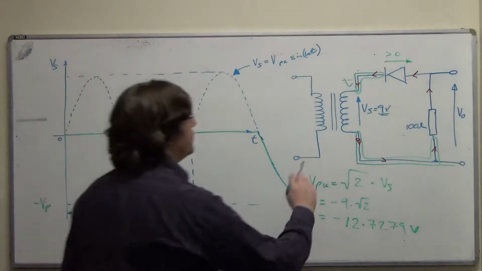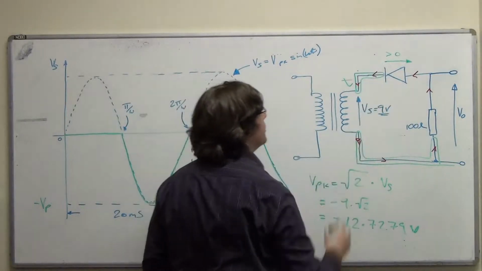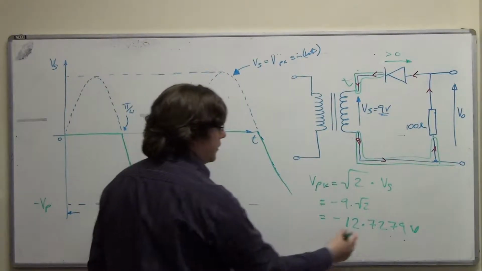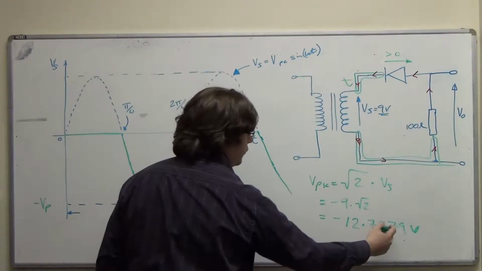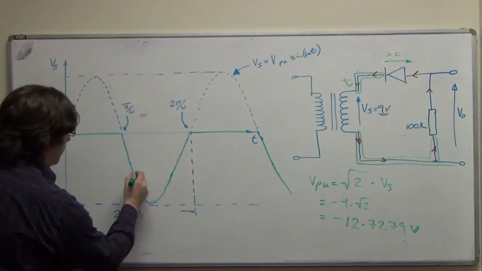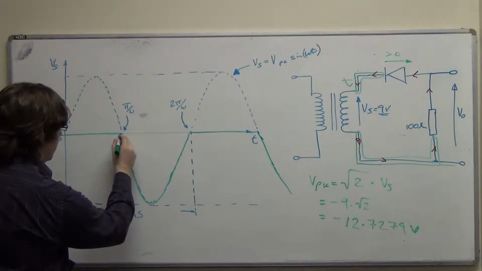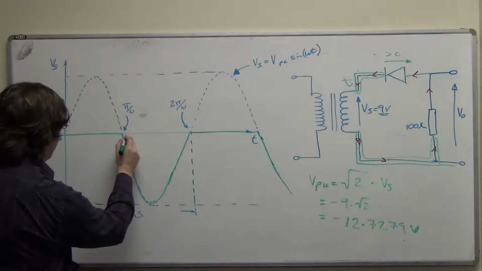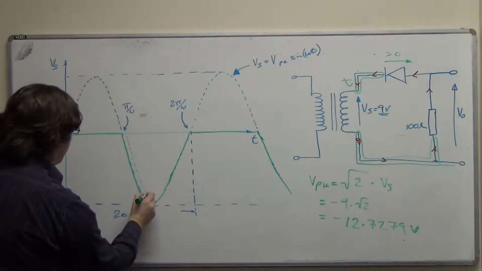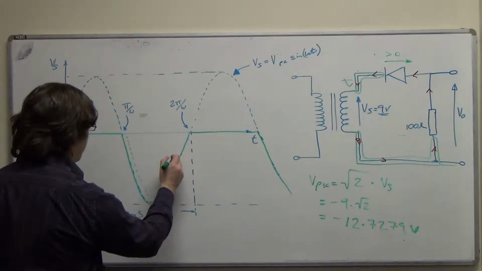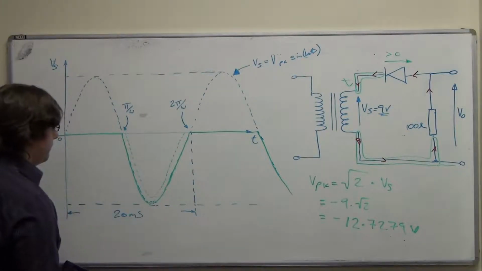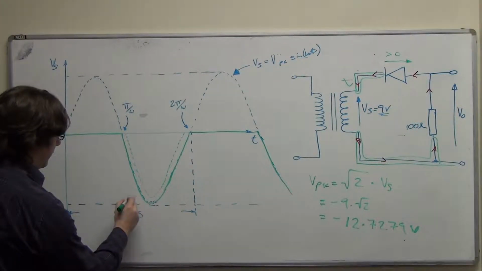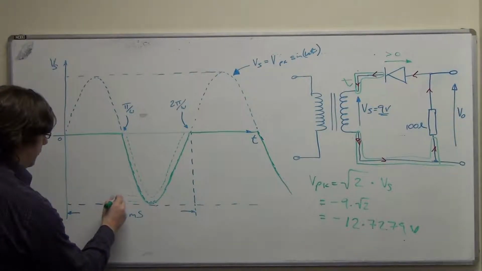If this question said 0.7 volts across your diode, you'd then subtract, or sorry, you'd add 0.7, and the line would go like that, and your gap here would be 0.7.